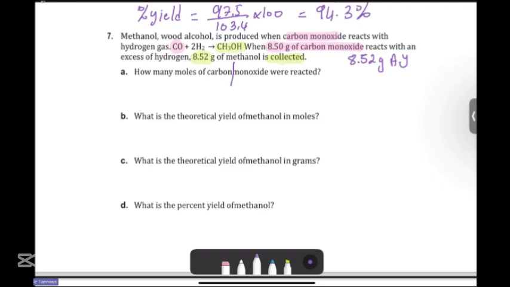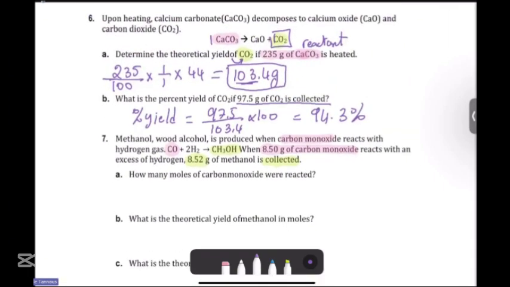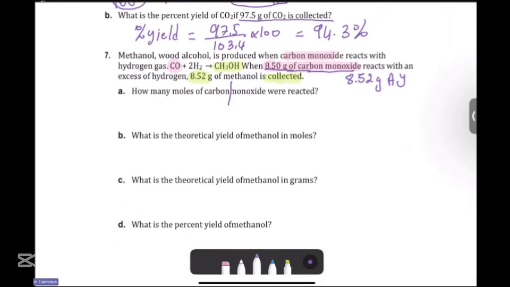So how many moles of carbon monoxide were reacted? So first, in the first step, we are finding the mole, just like the previous question. So here they're telling you how much is the mole. So 8.50 grams, because to find the mole, we do mass over molar mass. So 8.50 divided by carbon monoxide.